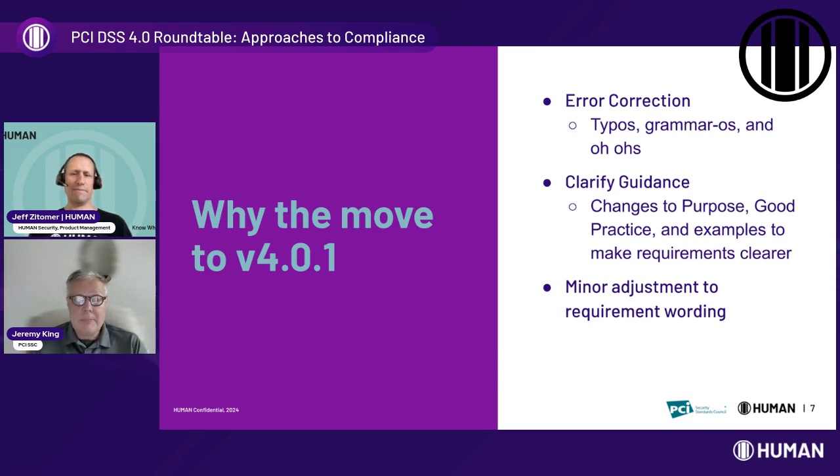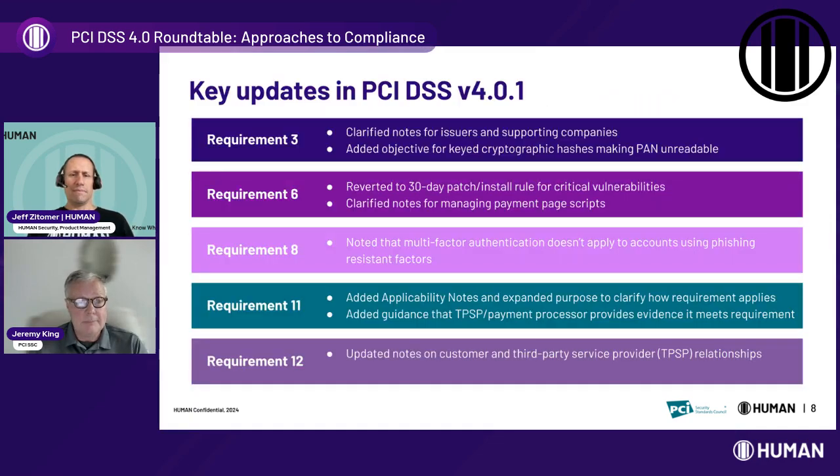We wanted to make it really clear so everyone knows what it is you've got to do, and the assessors and testers know what they're looking for. We've also made some minor adjustments to a couple of the requirements just to make it clearer as to what we're trying to do. So we needed to do it. We've done it. We've brought it out with 4.0.1, and we hope it's not going to cause you too many challenges as you move across. Next slide, please, Jeff.